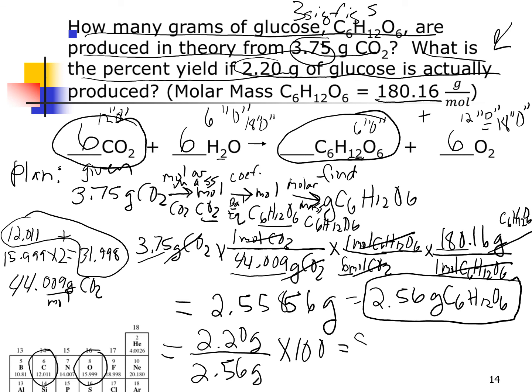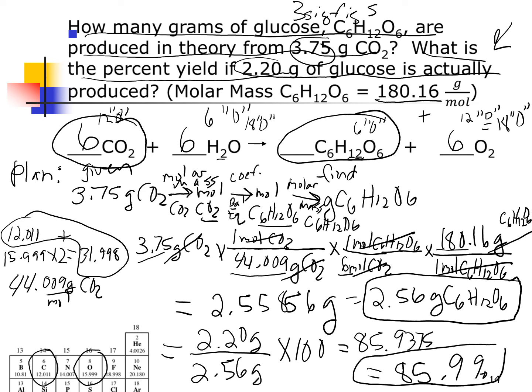And I have 85.9375. And again, I want to convert that to the correct amount of sig figs. I'm given 3 sig figs for actual and theoretical. So let's reduce that to 85.9% for the percent yield for the amount of glucose.